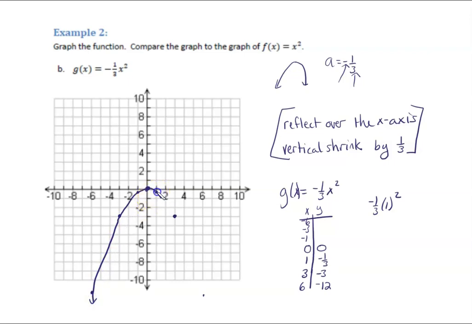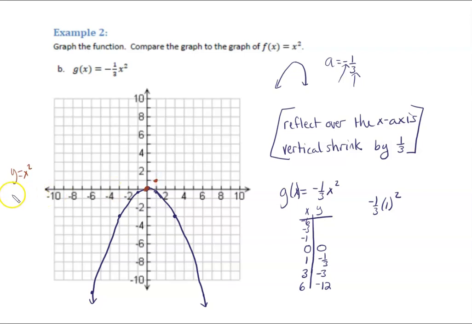So it is opening down, and it's a bit wider than the normal parabola of just x squared. Let me draw on here the basic parabola of y equals x squared, just so you can see it. The parent function of y equals x squared starts at 0, 0.